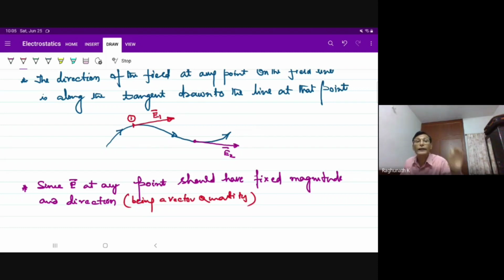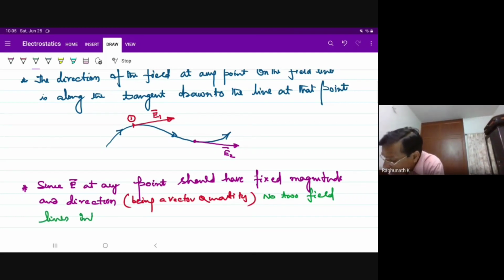Since E bar at any point should have fixed magnitude and direction, no two field lines intersect. They can never intersect.